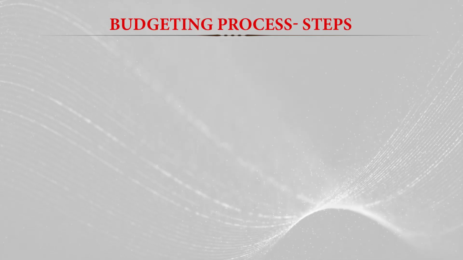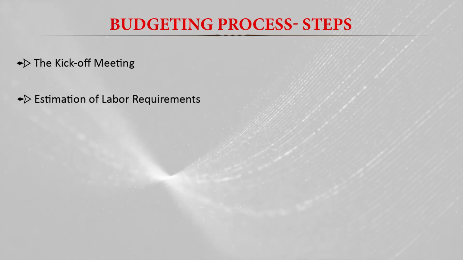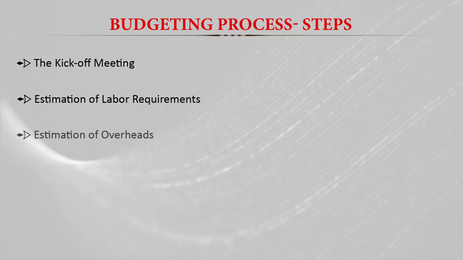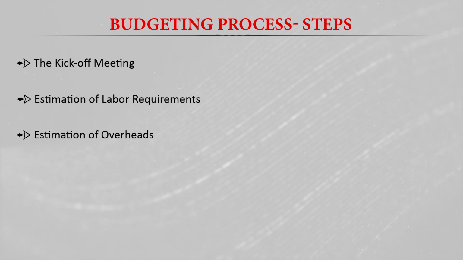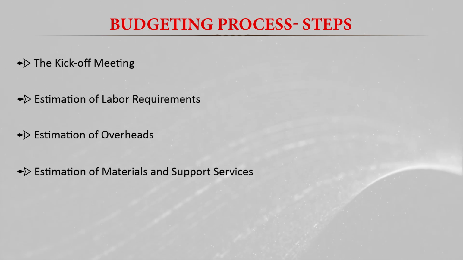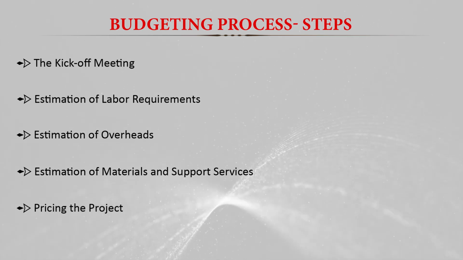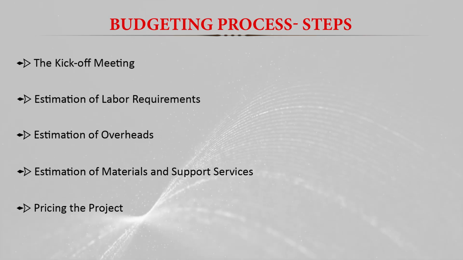And when we talk about the process of budgeting, there are a few steps. The first step is the kick-off meeting, the second step is the estimation of the labor requirement, third is the estimation of the overhead, fourth is the estimation of the materials and support prices, and last is pricing the project. So we will discuss all these steps of the budgeting process.